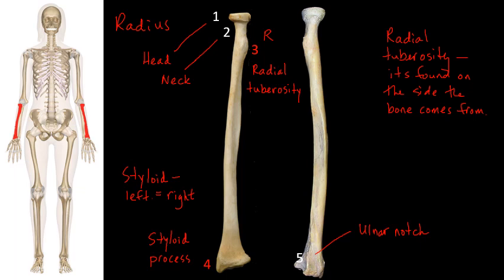And one of the ways that you can get at this is just hold your body in anatomical position. So the radius is found in anatomical position laterally on your body, and think that your thumb radiates out. So if I was to draw it in here, our thumb would eventually start to come out here, sticking out in anatomical position. That's where the styloid process is. So if it's found there on the left side laterally, that tells us that this is a right radius.